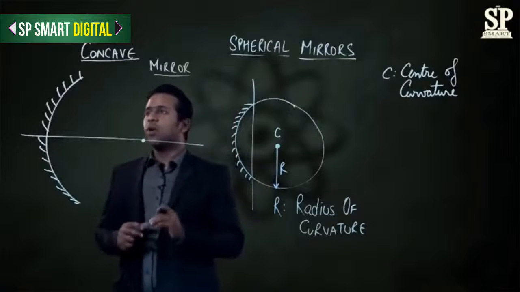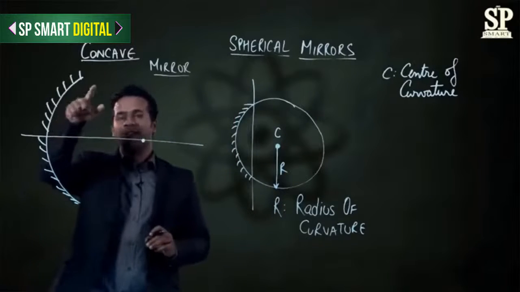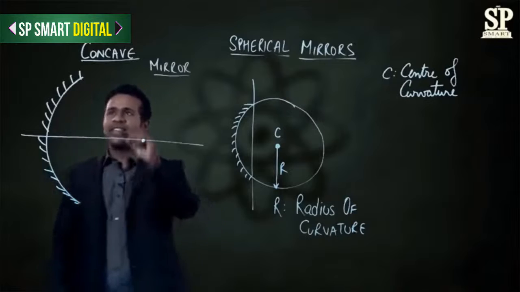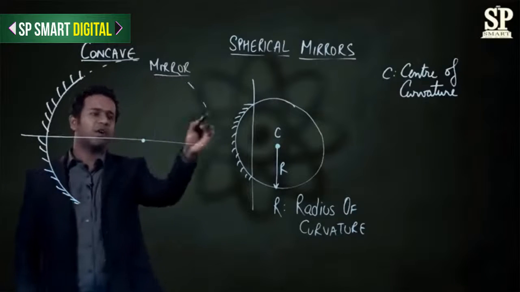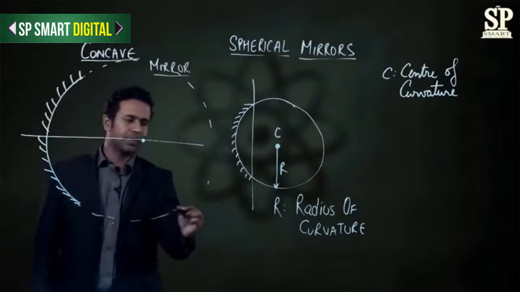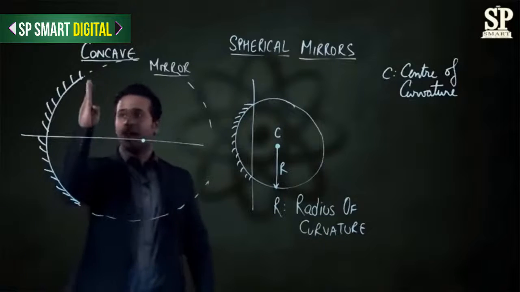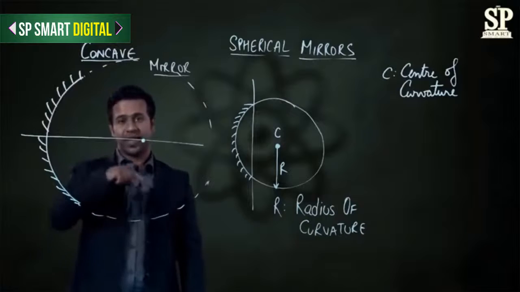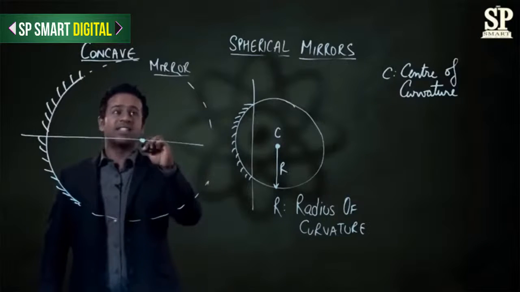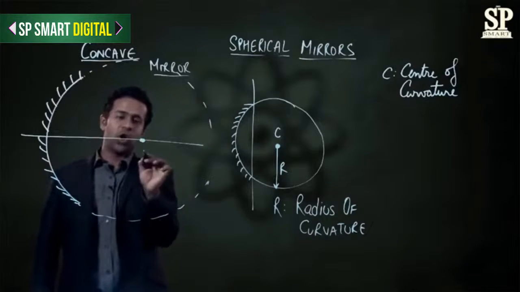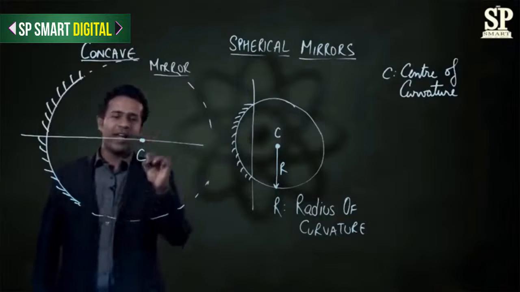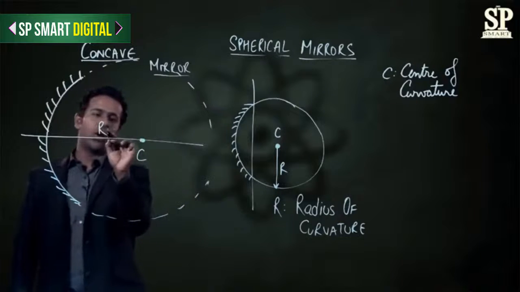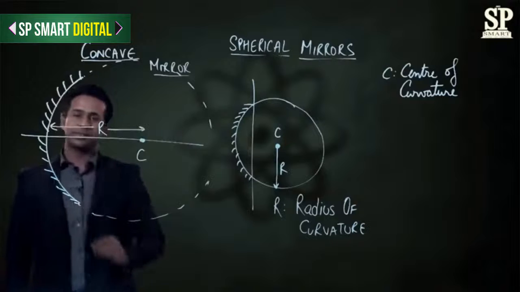So please note that even though we've cut this out of a sphere, this is still a part of a sphere, right? Though the rest of it is not there, this is still a part of this sphere. And the center of this sphere is called the center of curvature, and its radius will be called the radius of curvature.